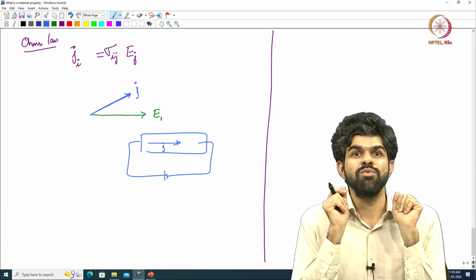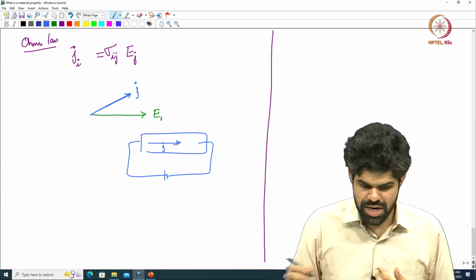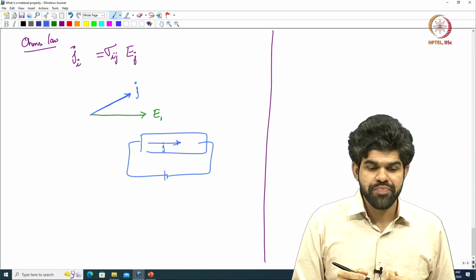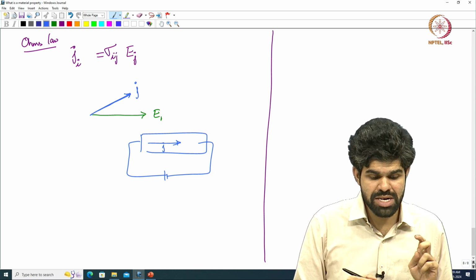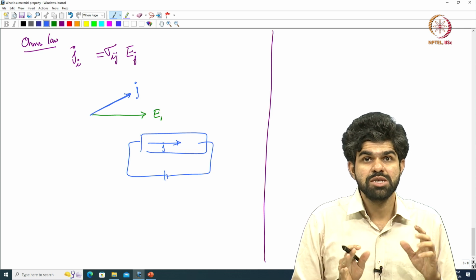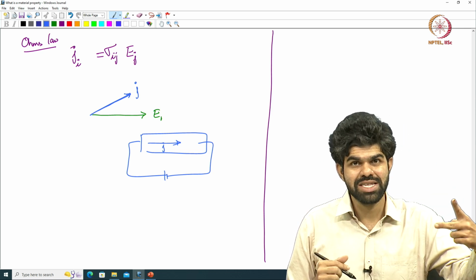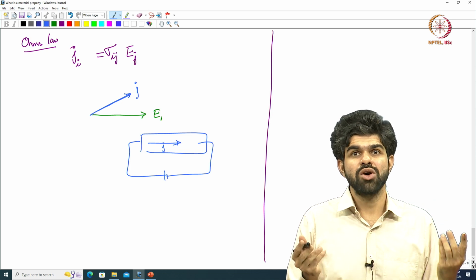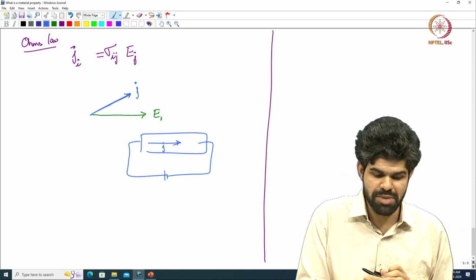People typically talk about various electronic devices, and I'll come to that, but in general this property of the direction of cause and effect not being the same comes because cause and effect are related by a second rank tensor, which is sigma in this case.